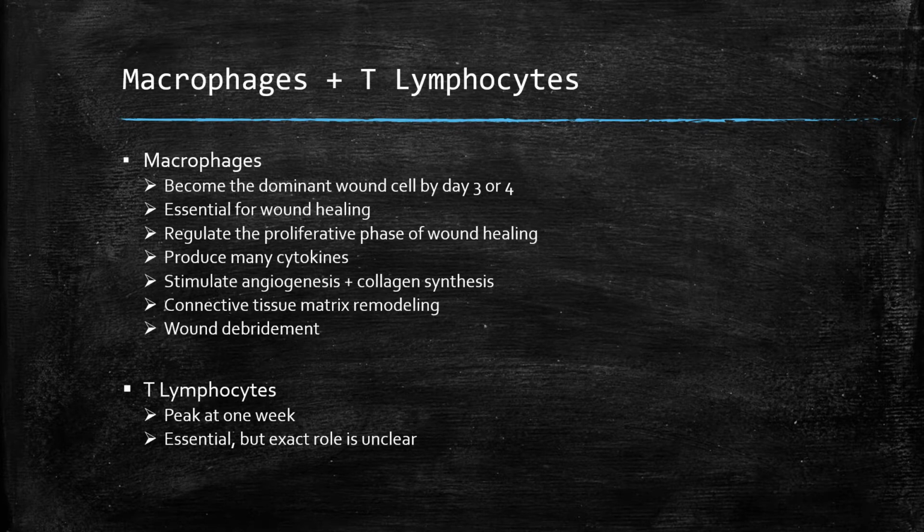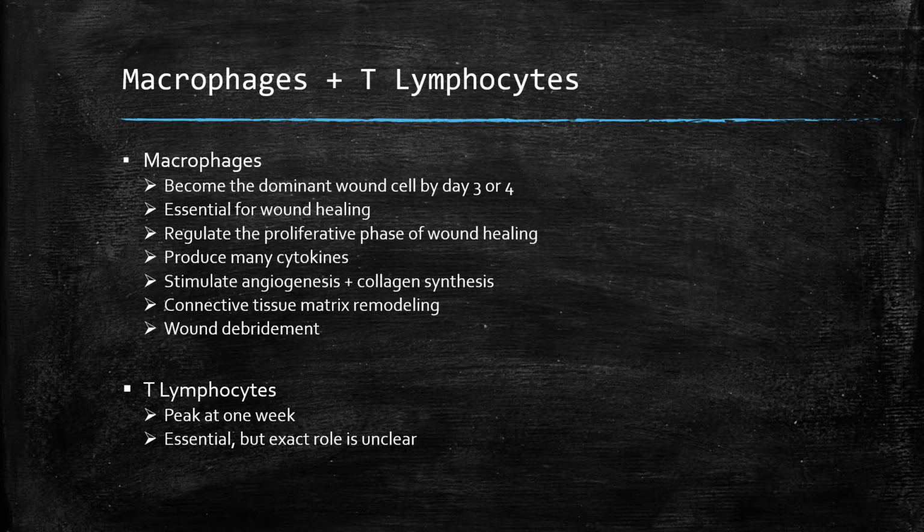By post-injury day 3 or 4, macrophages are now the dominant cell in the wound. Unlike neutrophils, macrophages are absolutely essential for wound healing, and they oversee all the different activities that occur during the proliferative phase.